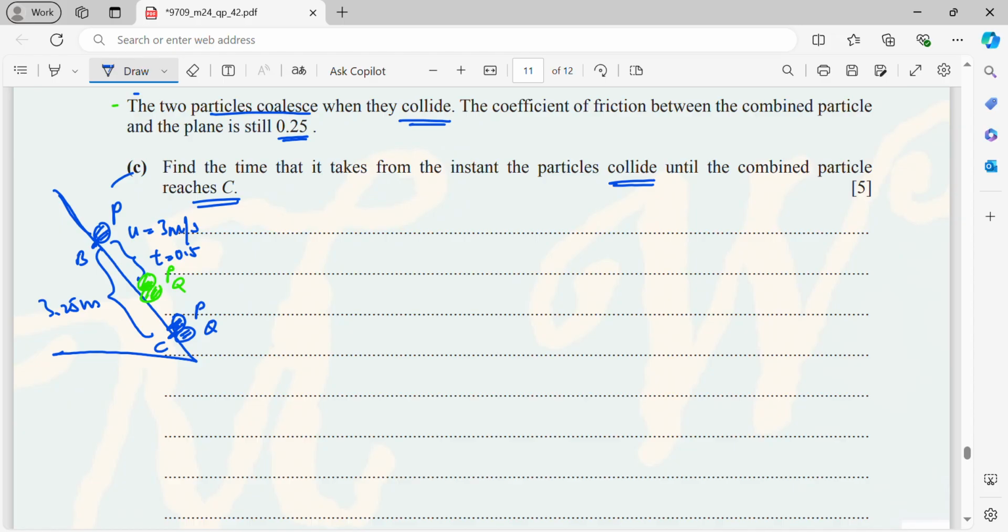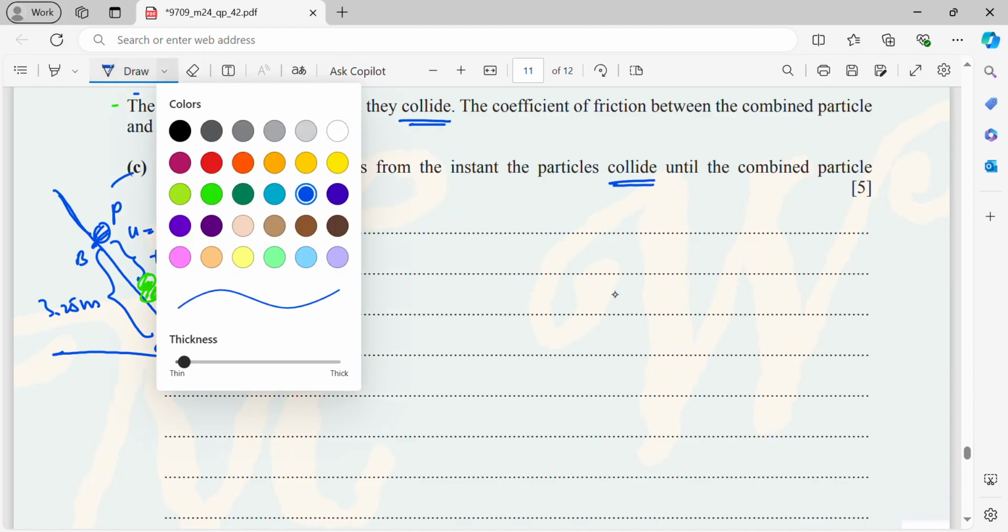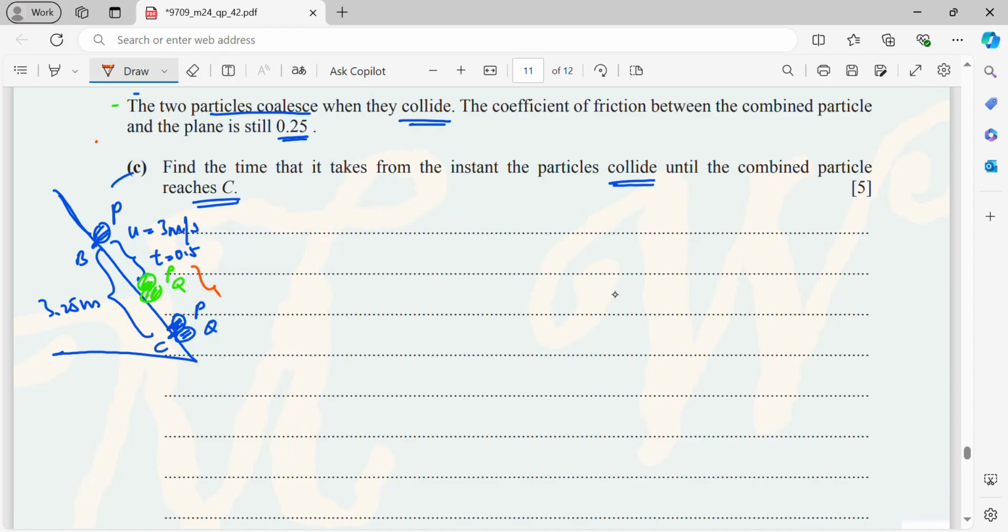Now, I need to find out what is the time taken from collide. So it means that I need to find out what is this time from the instance that they collide until it reaches C. Okay, so now first of all I need to find out what is the velocity or what is the speed of the P before the collision.